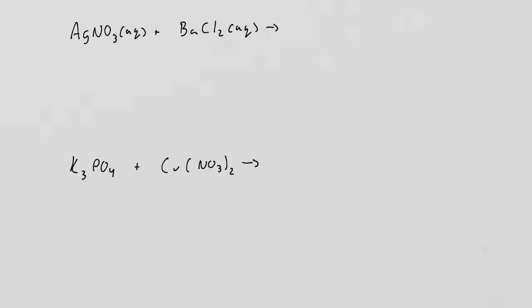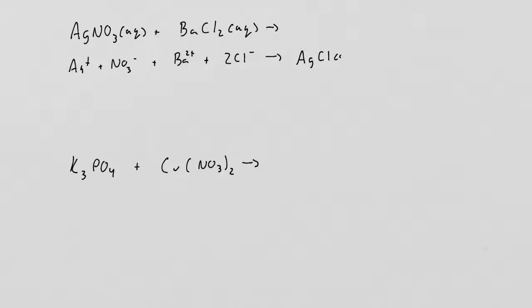So essentially what we look for is an insoluble precipitate, which will be what happens in an AP question that you're going to see. So when AgNO3 reacts with barium chloride, the ions are going to separate. So you can have Ag+ NO3- plus Ba2+ 2 Cl-, arrow, and on the other side you're looking for a solid.